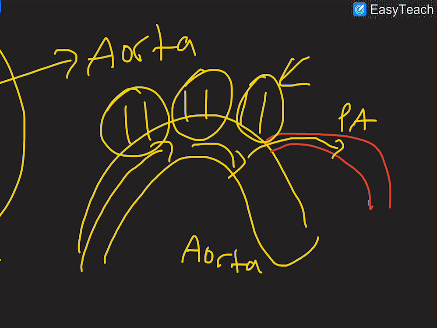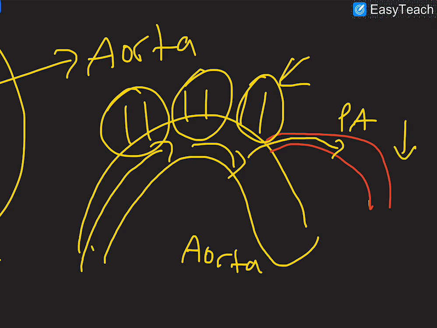Now, in utero, because the pressure in the lungs is so high, we get the opposite flow. We get blood going from the pulmonary artery to the aorta. But after birth, when the pressure in the lungs drops, the blood flow switches, where now the lungs are low pressure.